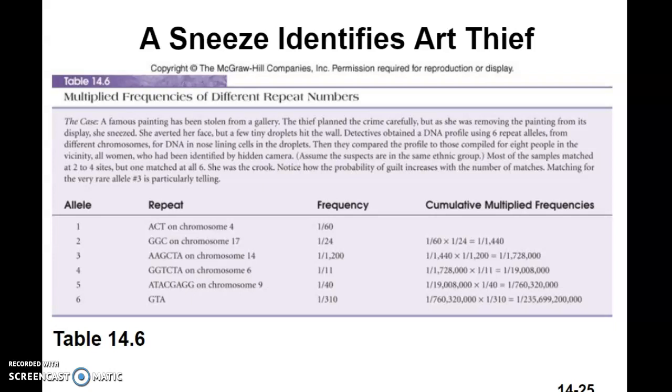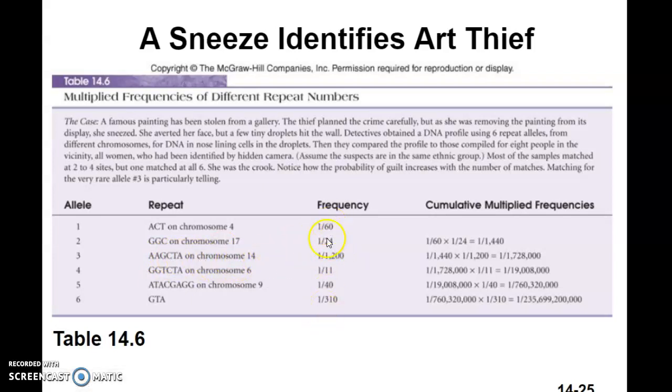If we look at any one repeat, like this ACT repeat seen on chromosome 4, 1 out of 60 people could have had that. Doesn't really narrow down much. This GC on 17, 1 out of 24. This AAG-CTA, a little bit more, 1 out of 1,200.